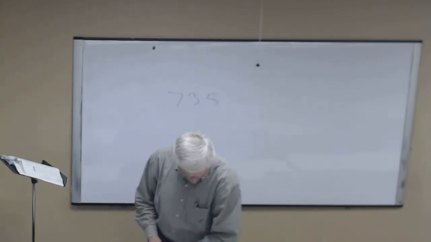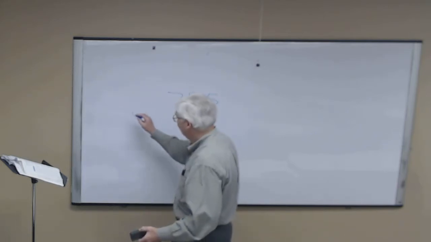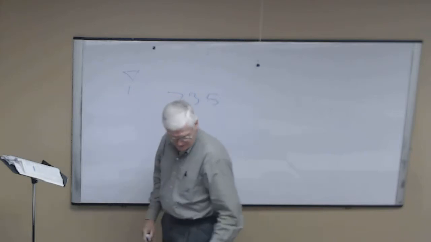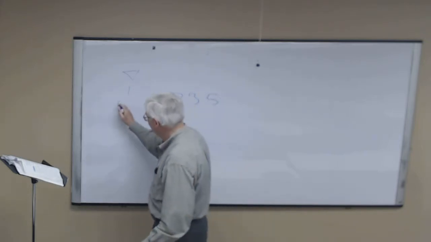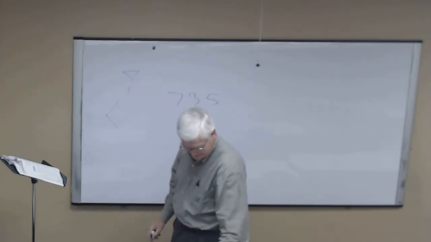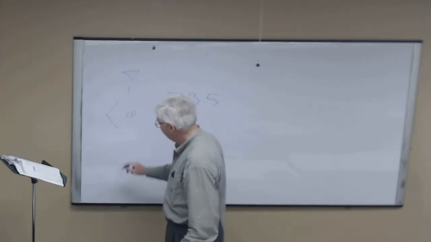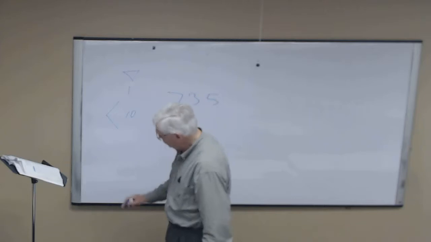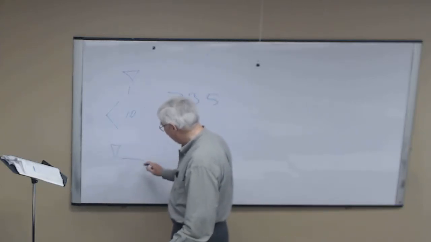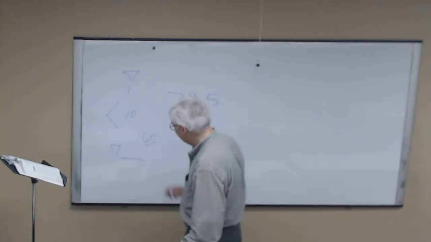What do we have? A little, this is 1, and what else? This little flying thing. On the test, it'll just be a little thing like that. That's 10. And then when you put one of these over here, followed by a space, that's 60.